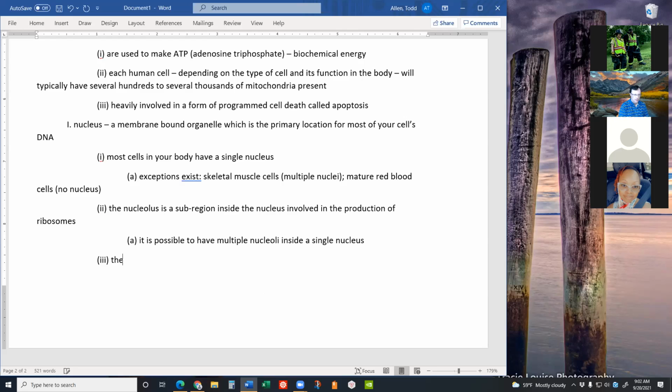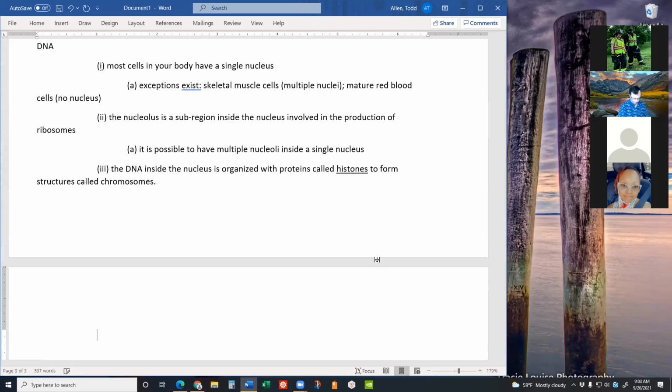So the DNA inside the nucleus is organized with proteins called histones to form structures called chromosomes.